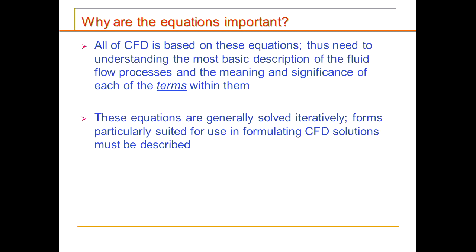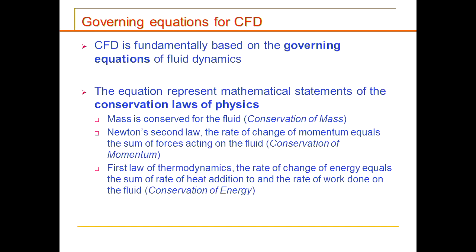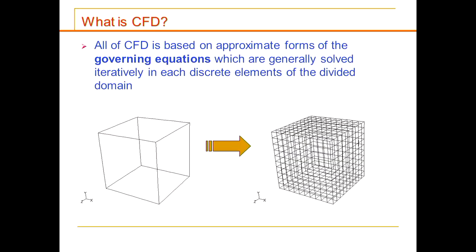Okay, anyways, let's go back to the lecture. Since all CFD are based on the governing equations, we need to develop our fundamental understanding of these terms. So when we discretize our domain, we will solve the partial equation through an iterative process.